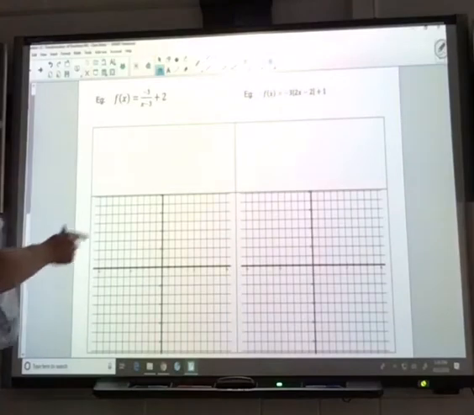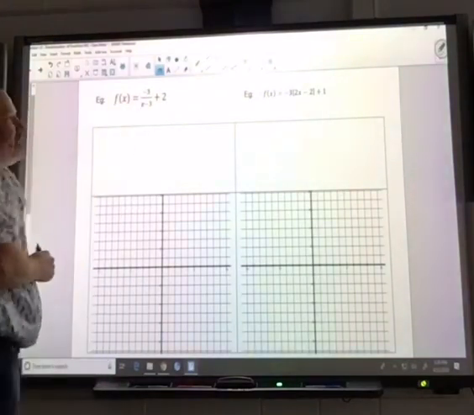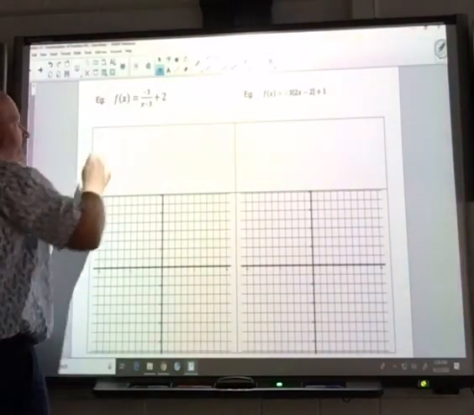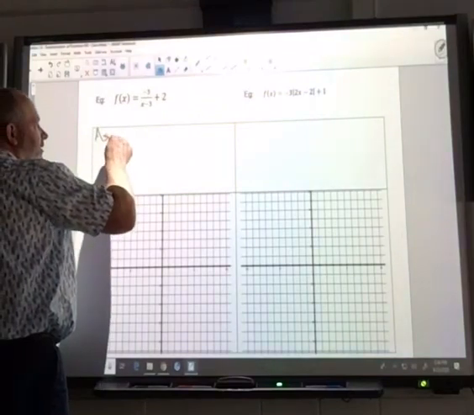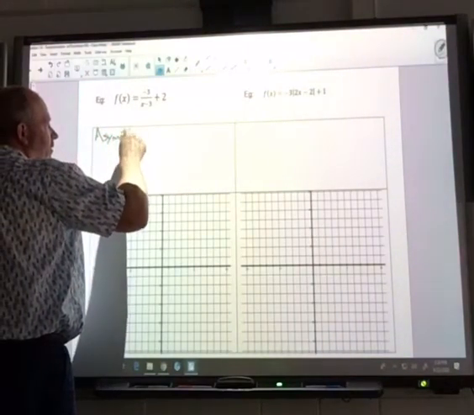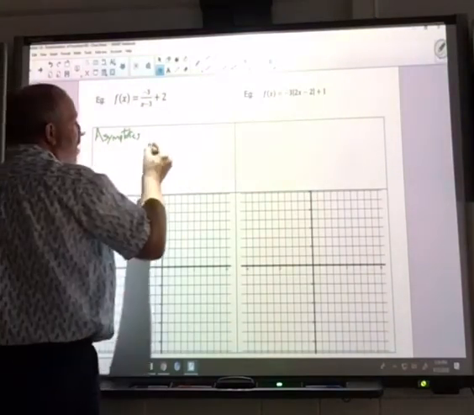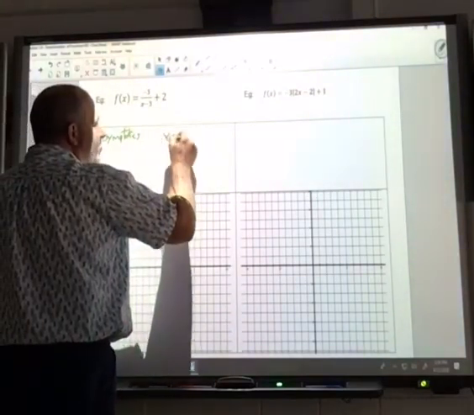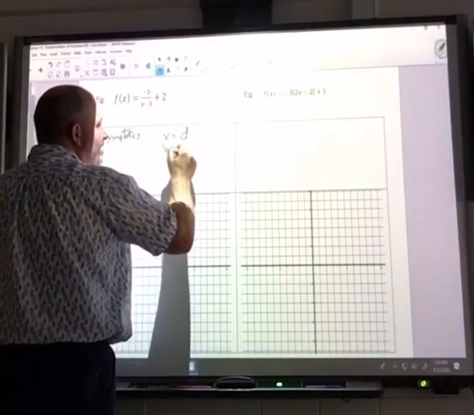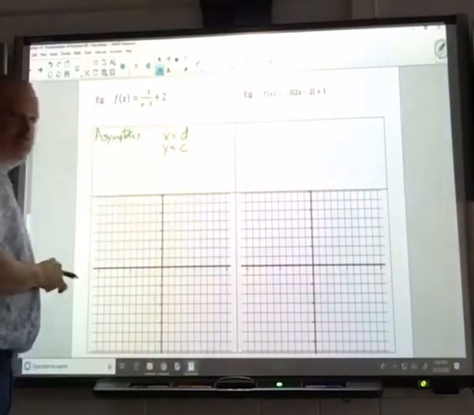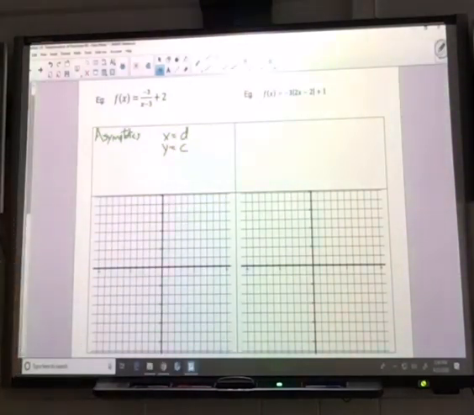Now, the asymptotes always are at a particular location. They define where my function is, and my asymptotes are at x equals d and y equals c, always. As long as it's a single fraction, that's the way it works, plus the constant.